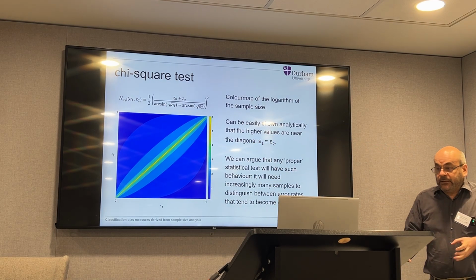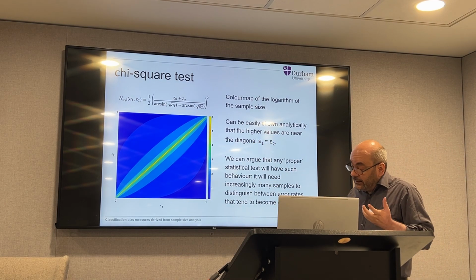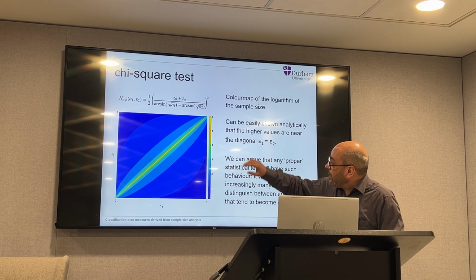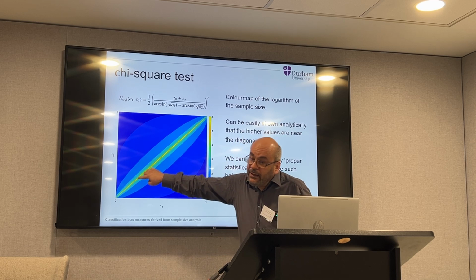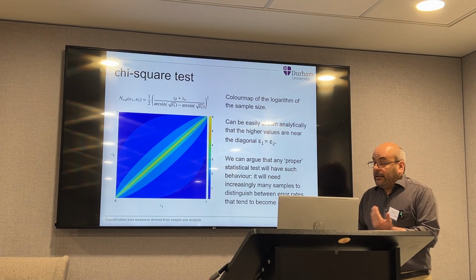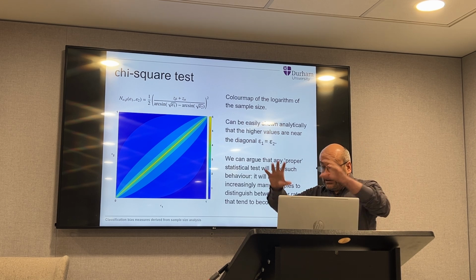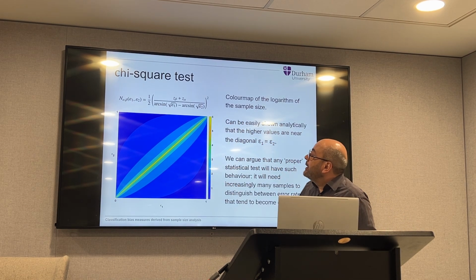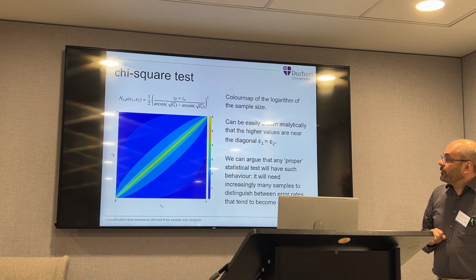Remember, high values mean a large data set, a large sample size, which basically means it's difficult to tell them apart. Obviously when the errors are similar, it should be difficult to tell them apart. I need a large test to run.